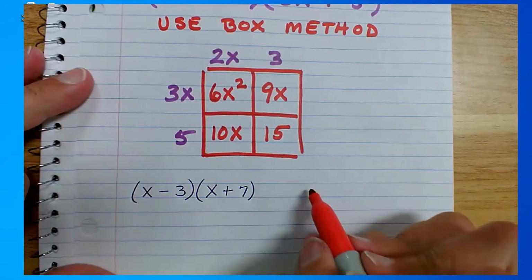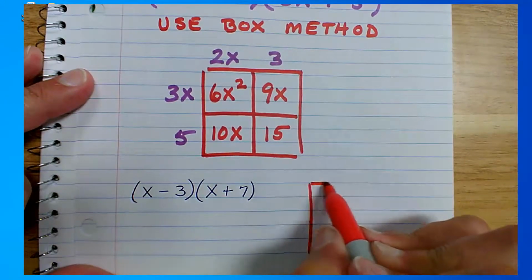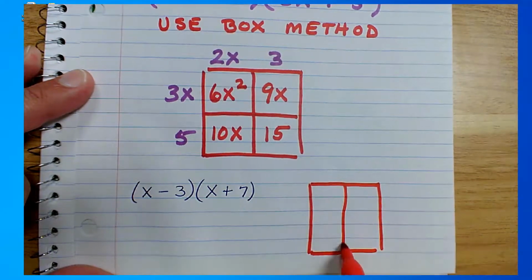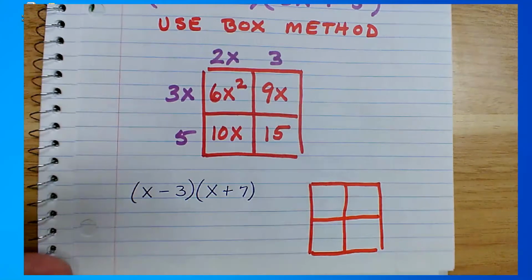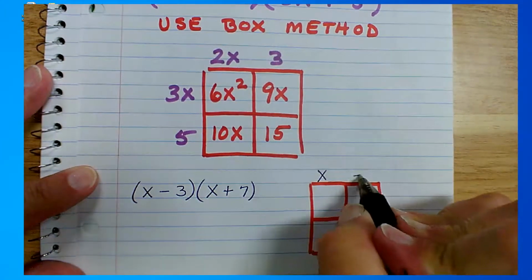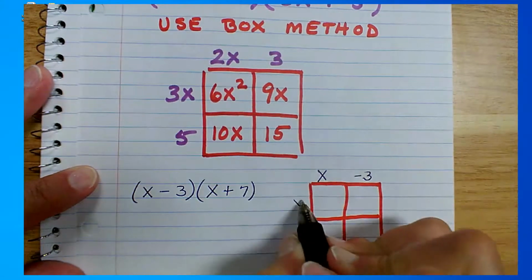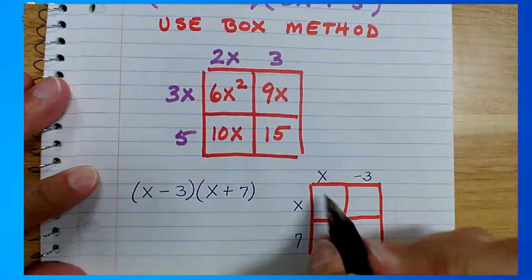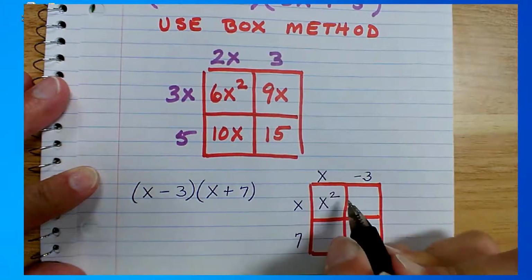Here's my box. So I have up at the top x, negative 3, x, positive 7. X times x is x squared.